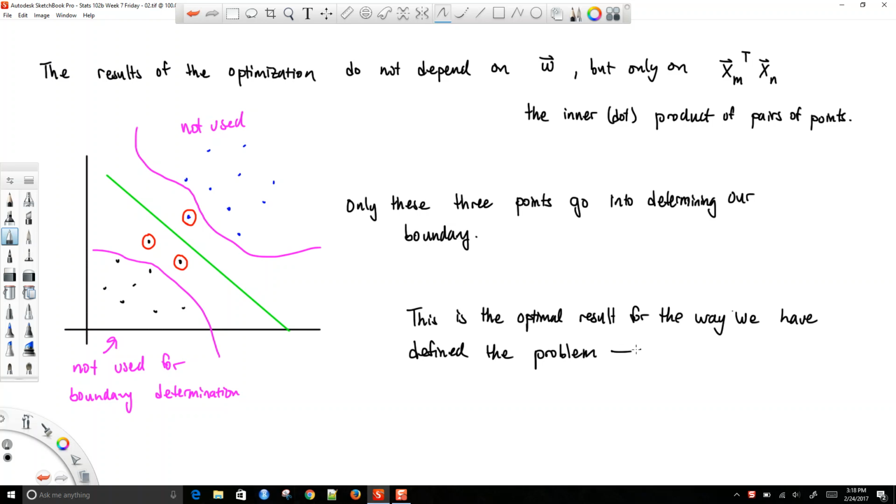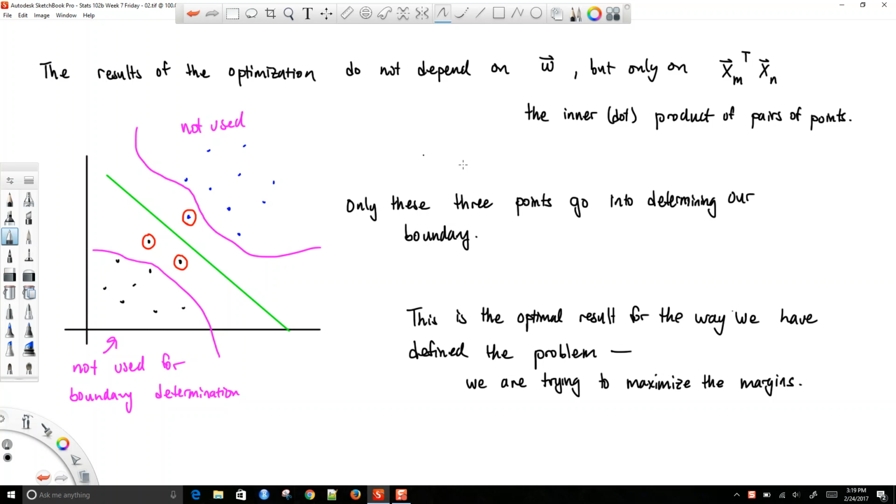And the way we've defined the problem is that we're trying to maximize the margins. The side effect of this.